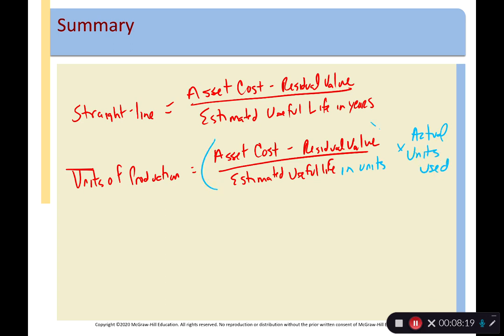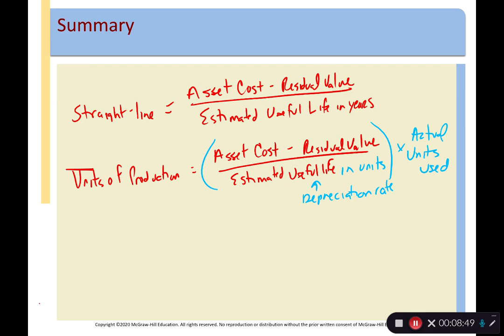The amount that we get from the first part of the equation is the depreciation rate. That won't change. That'll be constant from year to year. What's going to be different is the actual units used, like the actual miles driven of the service truck, that'll change. But the depreciation rate is the same, so you can get that once and use it in each and every year.